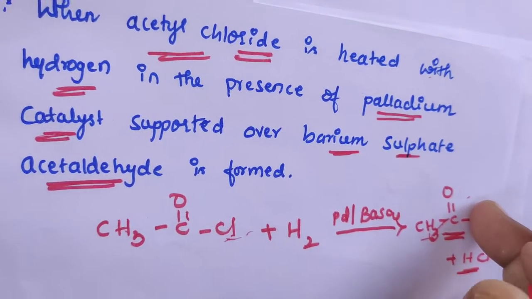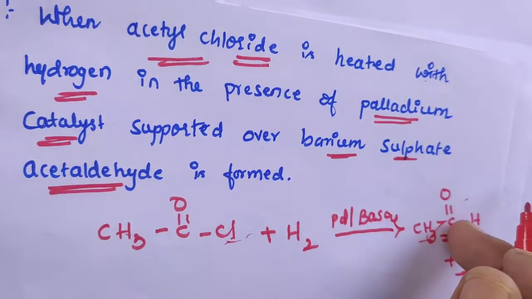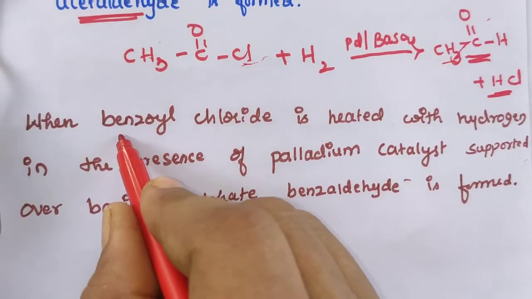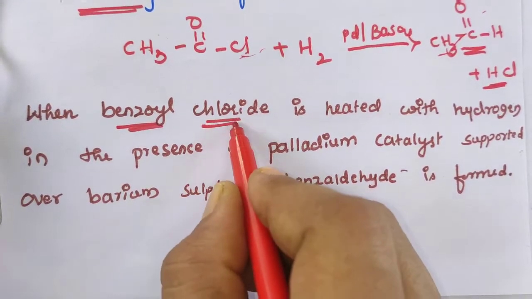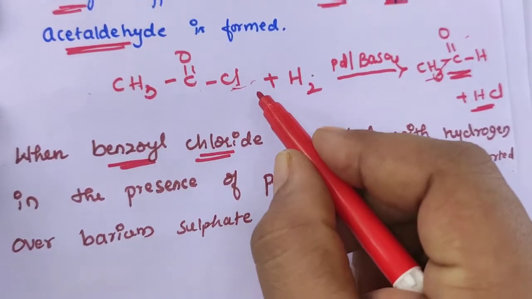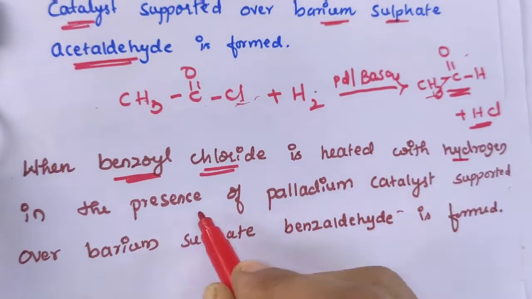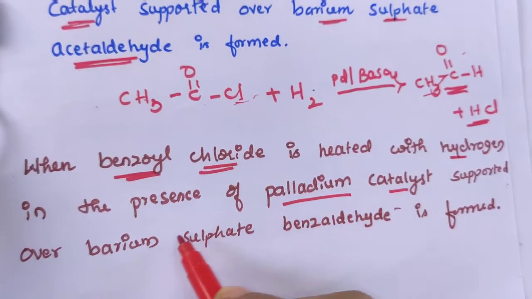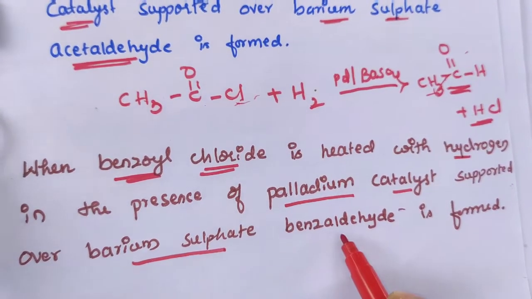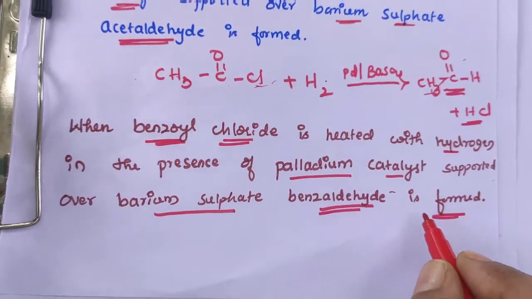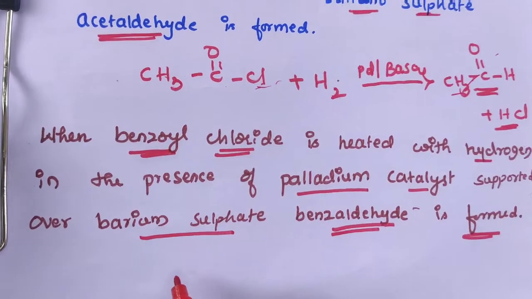Similarly, we can take another important example. As in the earlier example, benzoyl chloride is heated with hydrogen in the presence of palladium catalyst supported over barium sulfate. The product that forms is benzaldehyde.